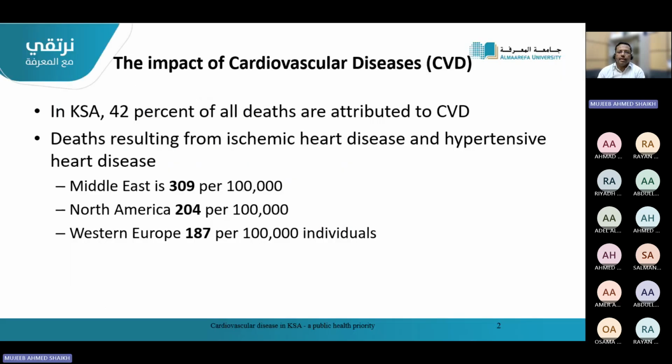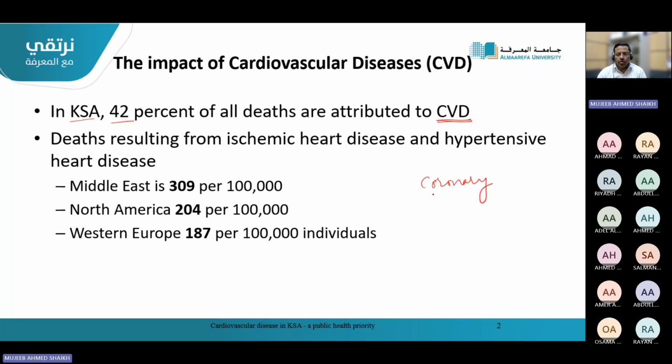Why do we want to study this lecture? Coronary circulation, why is it important? Because you know that in KSA, about 42% of all deaths are due to cardiovascular diseases, which are related to either hypertension or ischemic heart disease, and they are indirectly related to our coronary circulation.